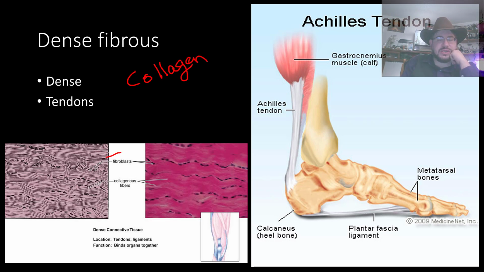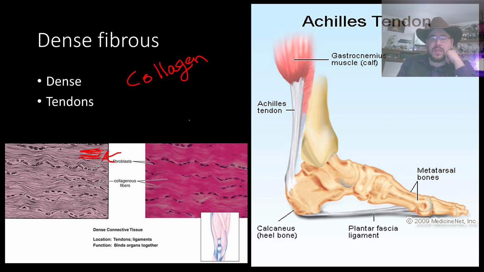And so that's what we're seeing in this image here, is layers and layers of collagen stacked close together. So all that massive amounts of collagen making up the matrix. And so the structures that you see dense fibrous connective tissue in are ones that have to withstand massive amounts of force, like your tendons.